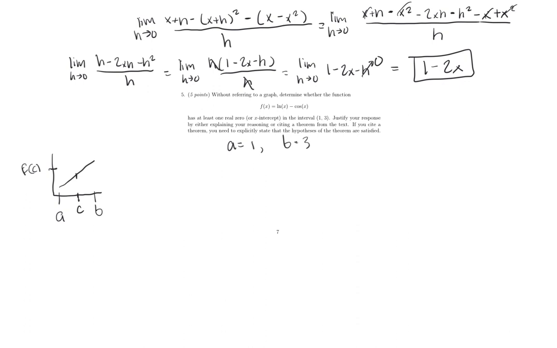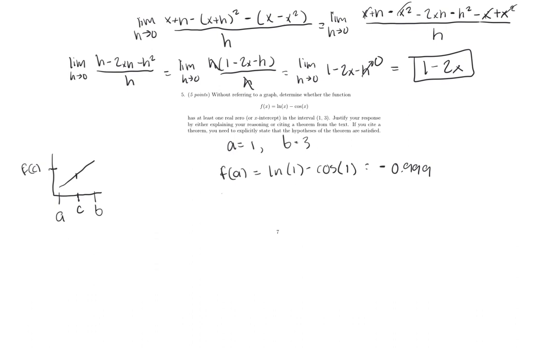So let's just look at our f of a and our f of b. So if we do f of a, it's going to be natural log of 1 minus cosine of 1, which is about negative 0.999.